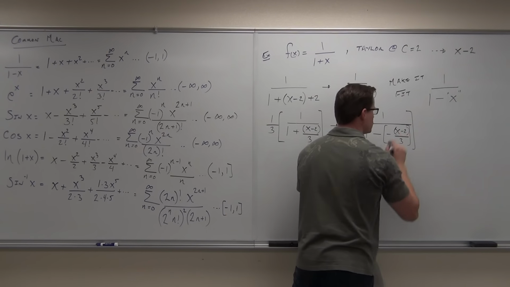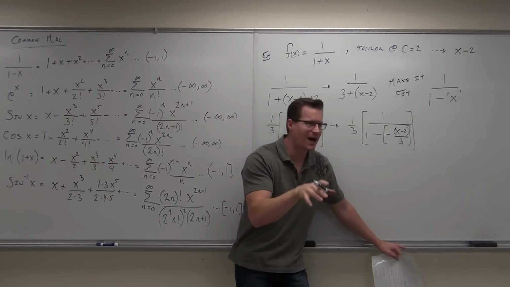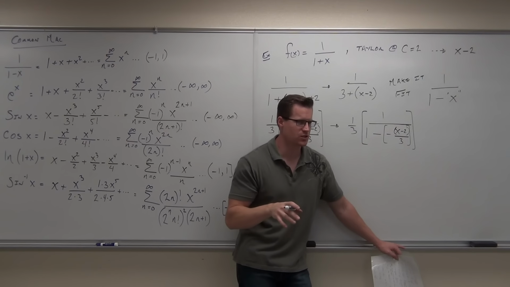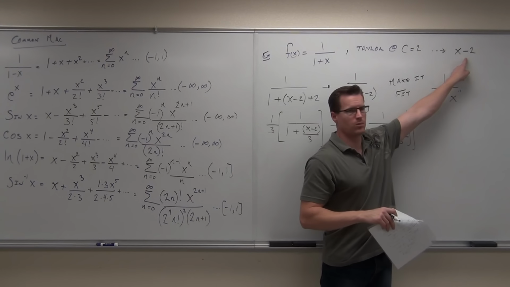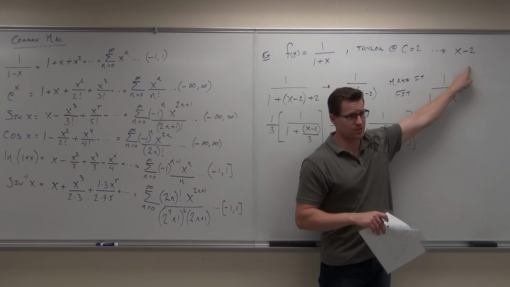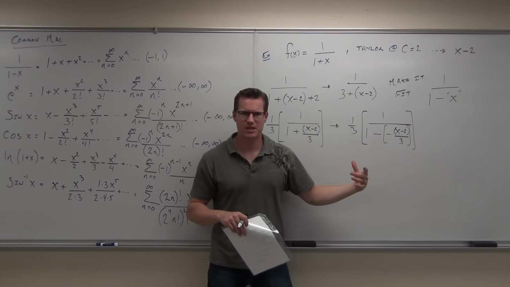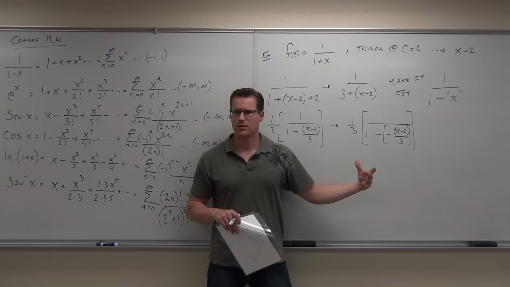You can't do negative x plus 2. Explain to me why you can't do negative x plus 2. Boom. You have to have that. Does that make sense? So you've got to have that as your center. That's got to be there. It's okay. It's basic algebra. It really is basic algebra, but you feel okay with it.